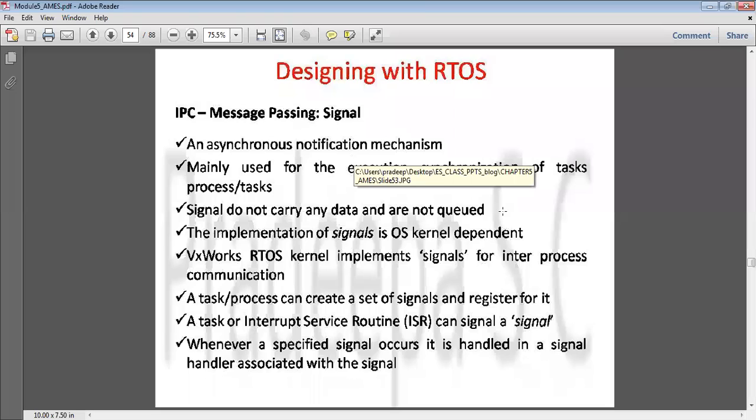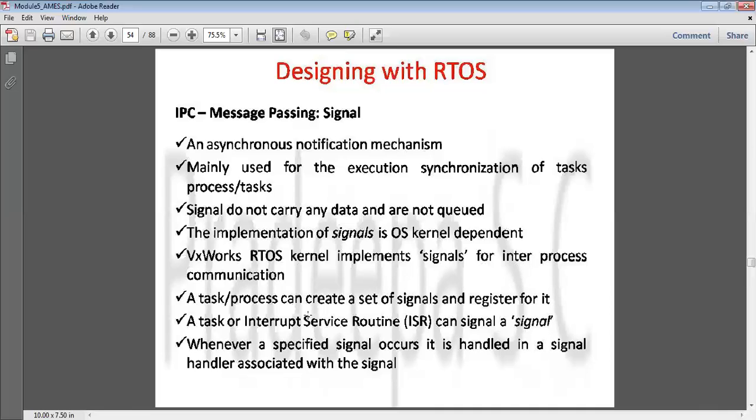Here you are not supposed to do any queuing of the messages. Signal is nothing but an interrupt. You know what an interrupt is? Suppose a process wants to read data from the input, and the CPU is reading the data from the I/O devices. Immediately an interrupt happens, so the signal may happen at any time.